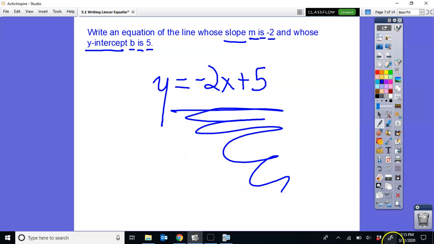There's my equation of my line. There's something I could graph. There's something I could make a table of values if I wanted to plug in some numbers. Or maybe you can just plug in one number and get an answer. That's going to be more likely in your real life type situations. And we'll talk about that in just a little bit. So if you have the m and you have the b given to you, all you have to do is plug them into the right spots.